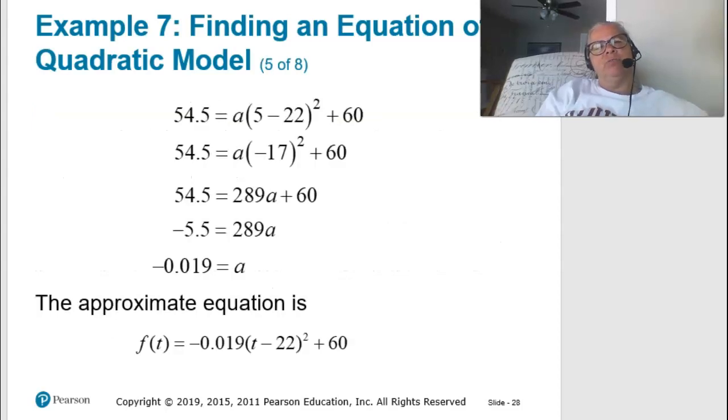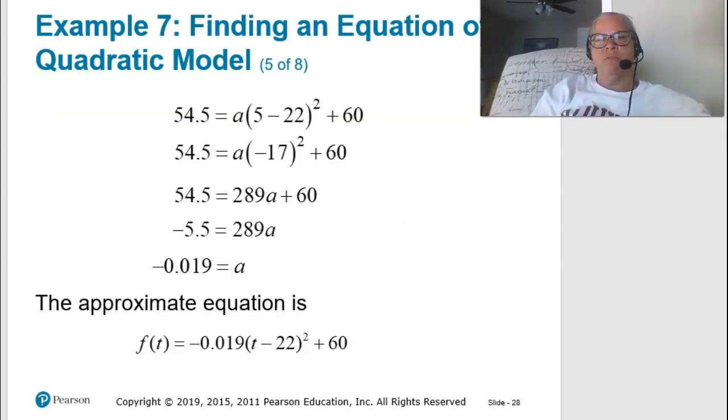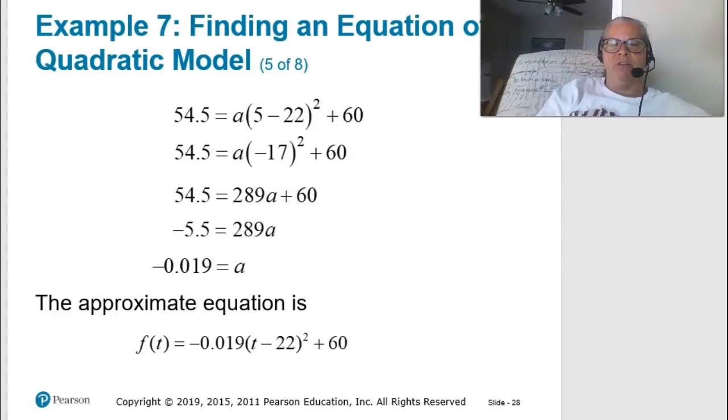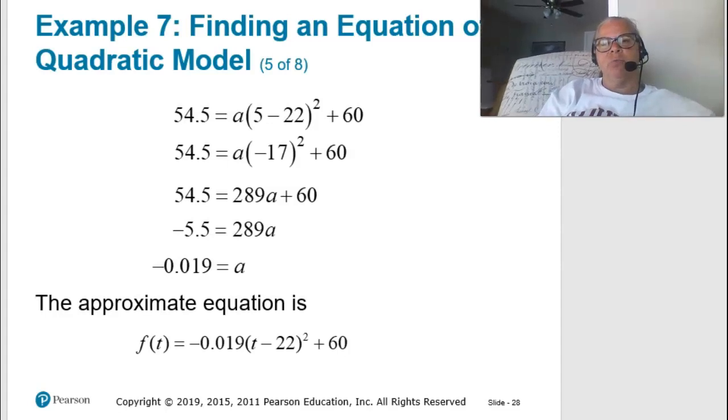So that allows us to rewrite the equation as 54.5 is equal to a, we substitute 5 in for t, minus the 22, that quantity squared, plus 60, so that we can find a.